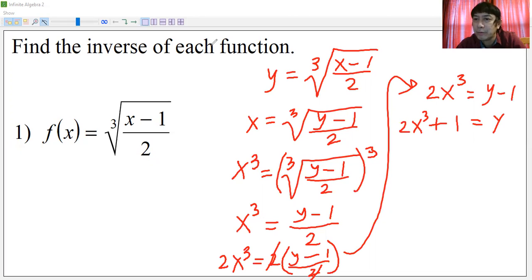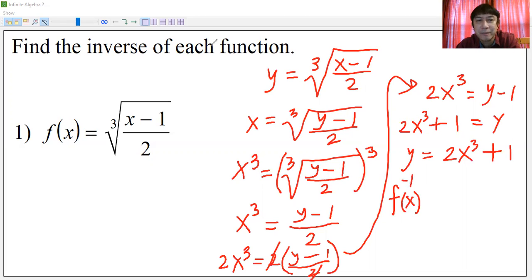And we're going to write this way: y is equal to 2x cubed plus 1. At this point, we're done solving for y in terms of x. We're going to replace the y with the symbol f of x to the negative 1.